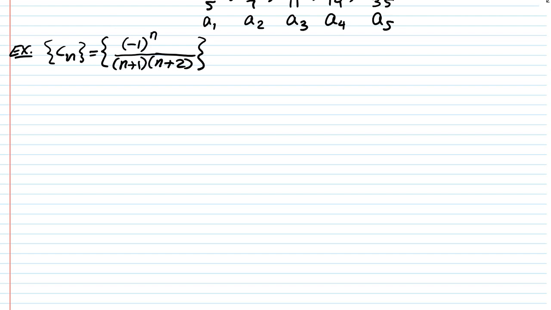Okay, let's write out the first few terms of this sequence. Remember, n starts with 1. Because I see this as a pattern, I'm just going to go negative 1. I'm going to leave n blank. The spot where n is, I'm going to leave blank because I'm going to use different colors for that. And there you go. So I'm just going to go +1, +2.